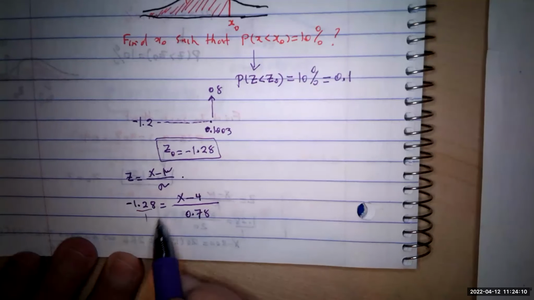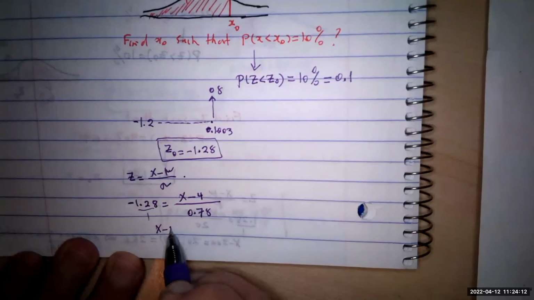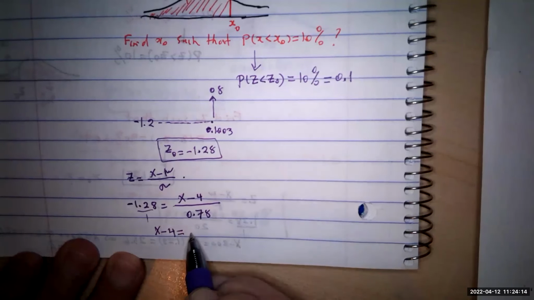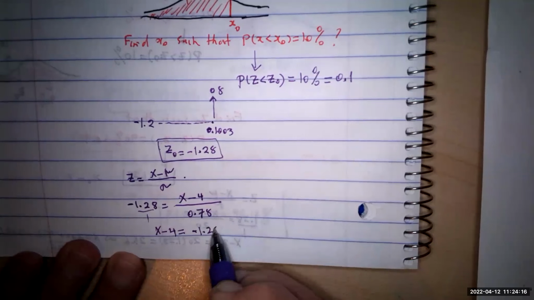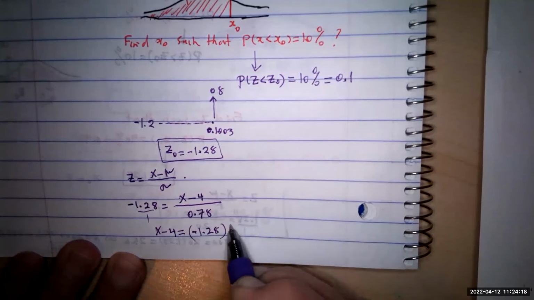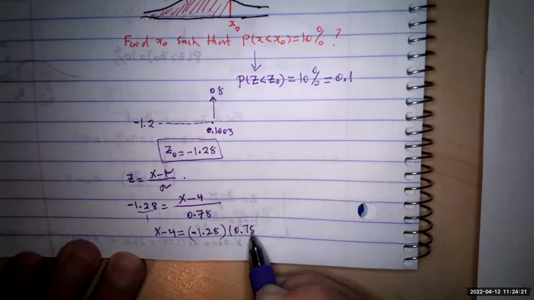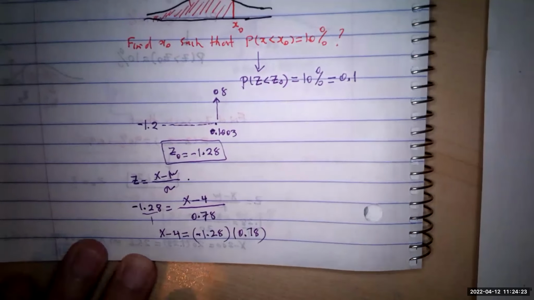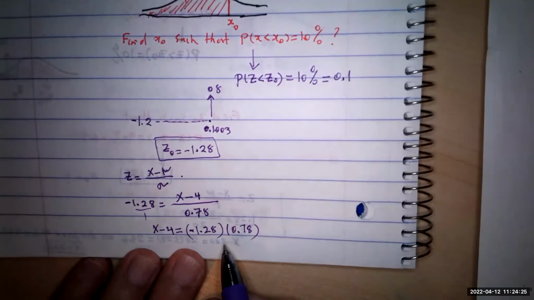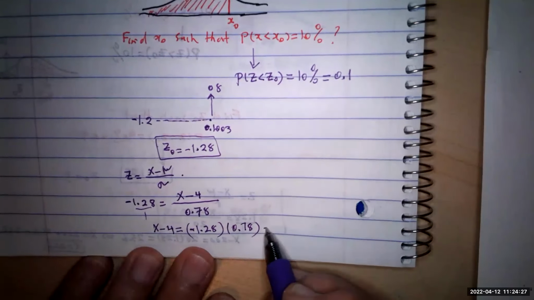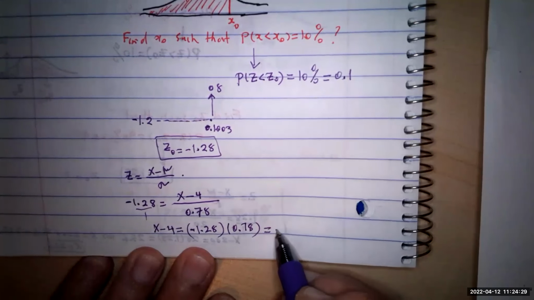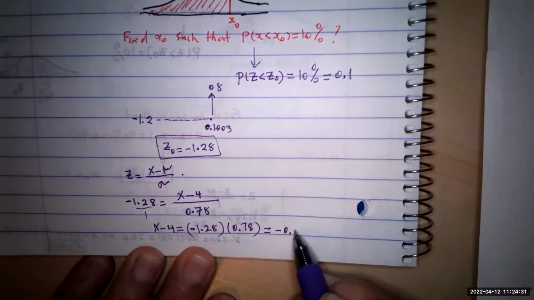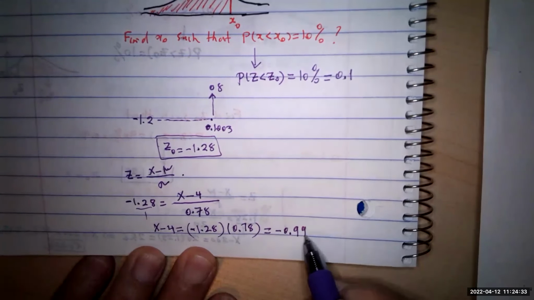If you do the cross multiplication, that gives you X minus 4, which is equal to negative 1.28 times 0.78. Just use your calculator to simplify this number. If you use your calculator, you can check it, but I have 0.9984.